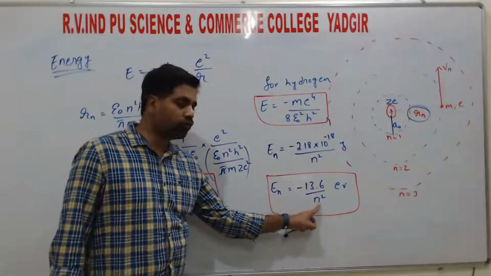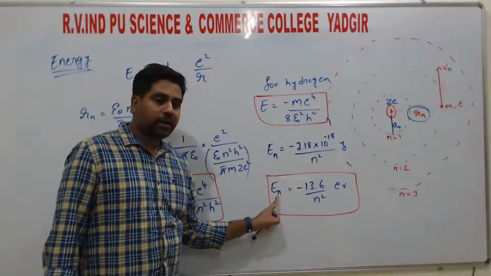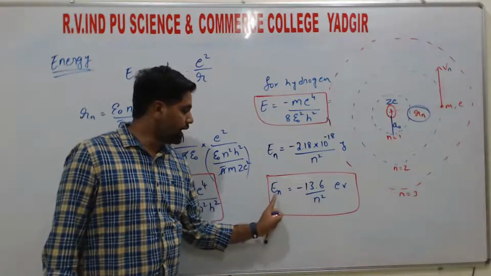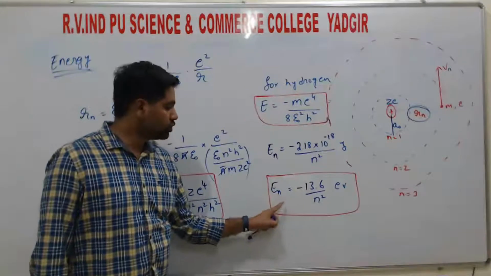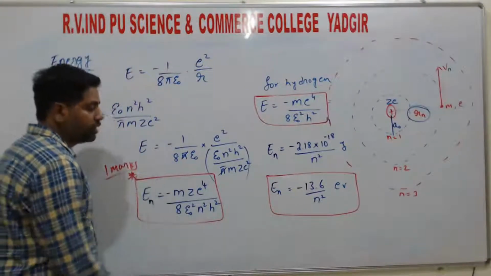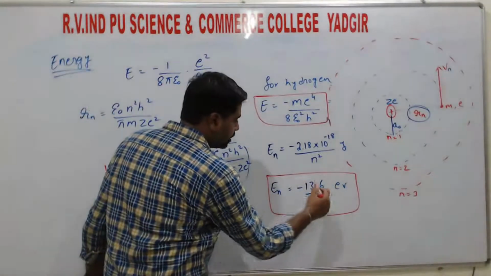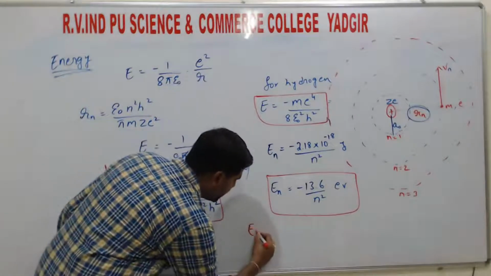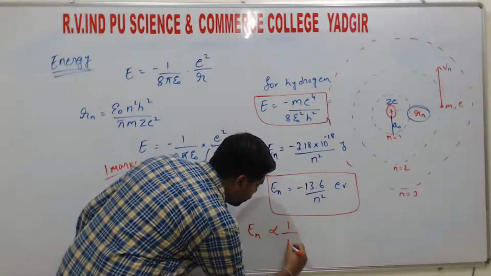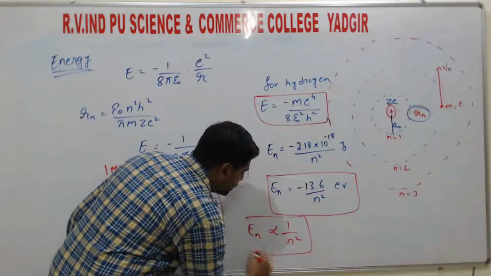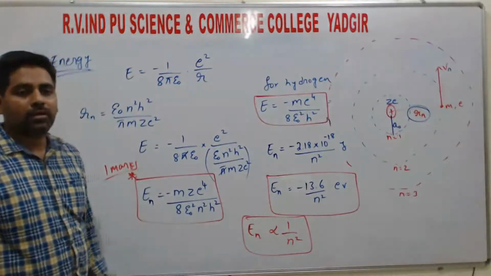If we substitute 1, we get E1. If we substitute 2, we get E2. Since 13.6 is a constant, En is inversely proportional to 1 by n square.